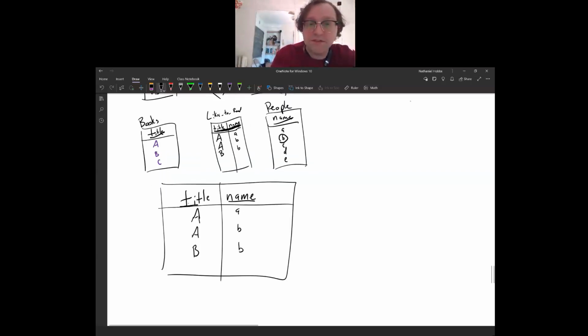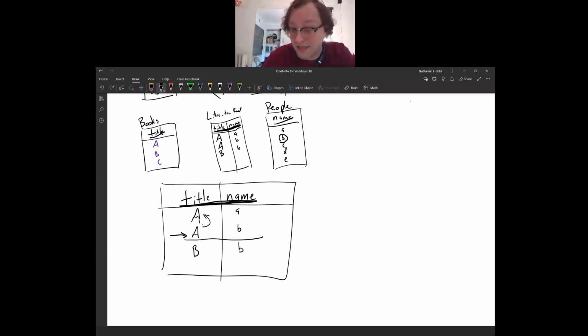So you combine these together to be one key. It's the pair now. So this entry is okay because although they agree on the title of the book, they disagree on the name.